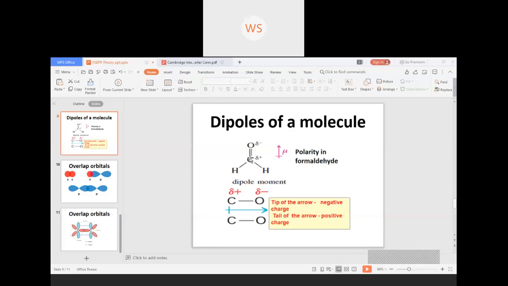Okay, so the shape of this is trigonal planar or triangular planar.